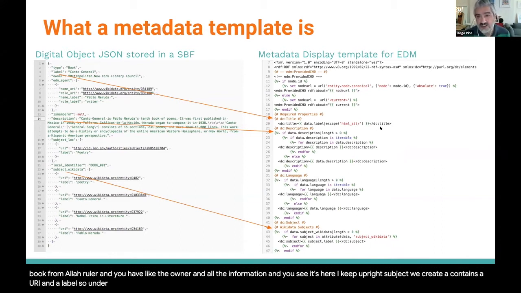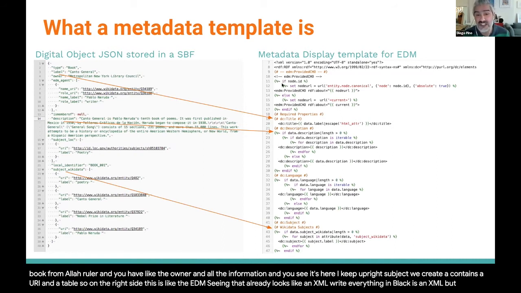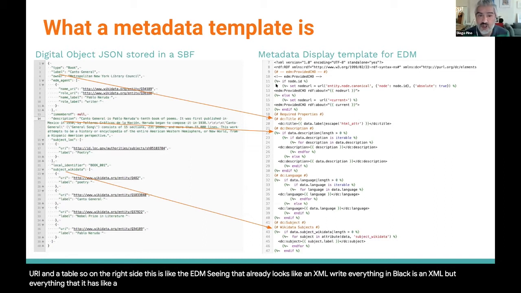So on the right side, this is the EDM quick template, right? You see a thing that already looks like an XML, right? Everything in black is an XML. But everything that has a curly bracket and a percentage sign is a command. And everything that has two curly brackets is an output.